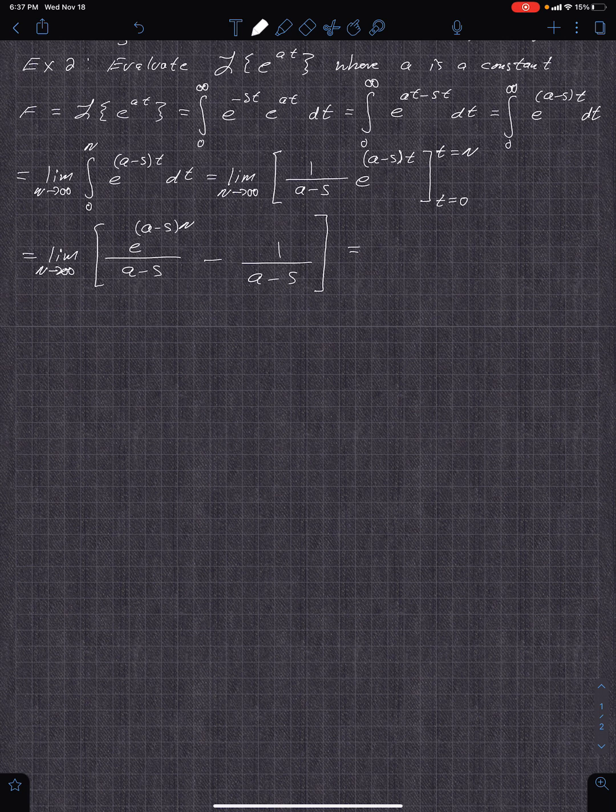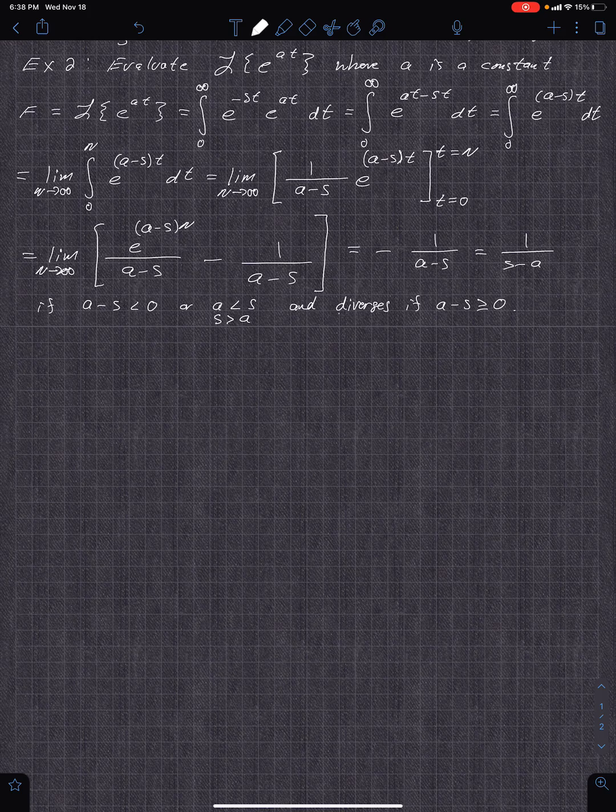So that's equal to negative 1 over a minus s, or you can write that as 1 over s minus a, if a minus s is less than 0, or a is less than s, or s is greater than a, however you want to think of that. And it diverges if a minus s is greater than or equal to 0. All right, so that's basically it.